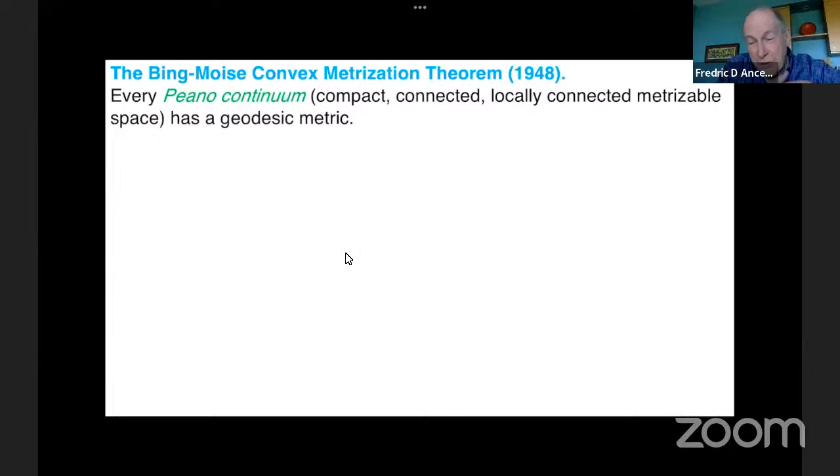Yeah, I'm not familiar with those, but I was thinking in terms of nerves of covers. In other words, you start out and you have a metric on the thing, so you can embed it in some big Hilbert space isometrically, but the metric is not one of these geodesic metrics, and there are possibly paths of infinite length in there.